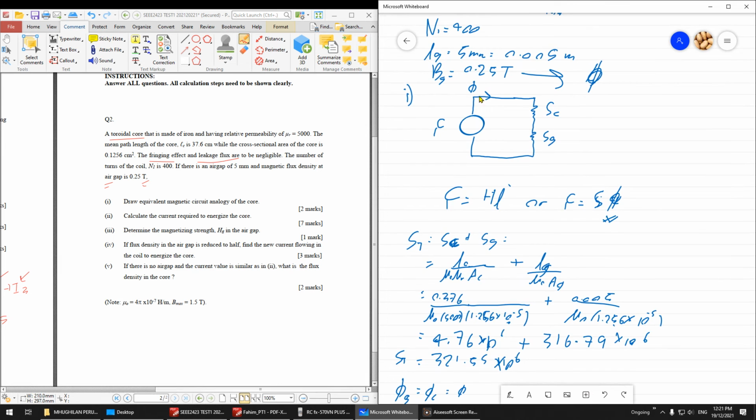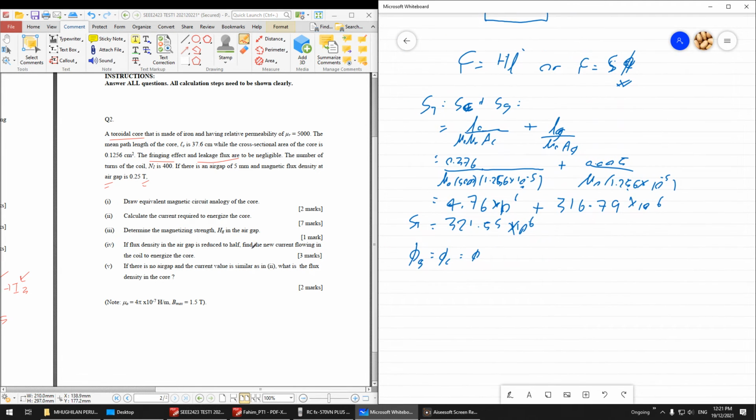Core and gap are in series, and there is no leakage flux. So flux equals B A, B at the gap and area at the gap.